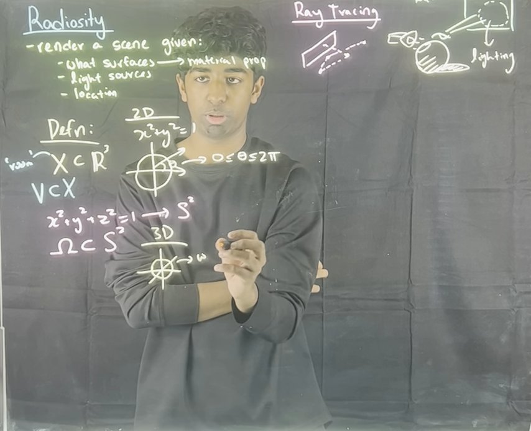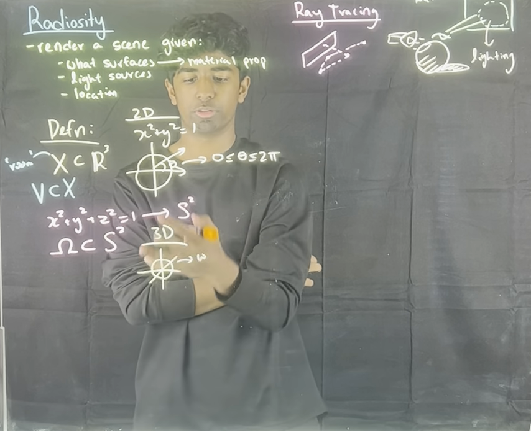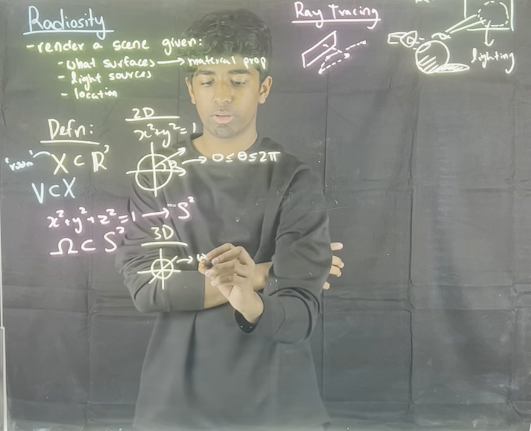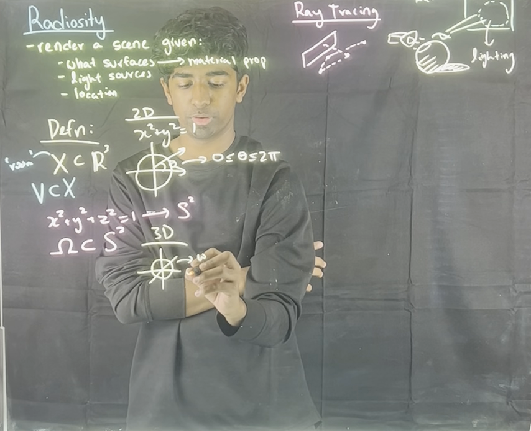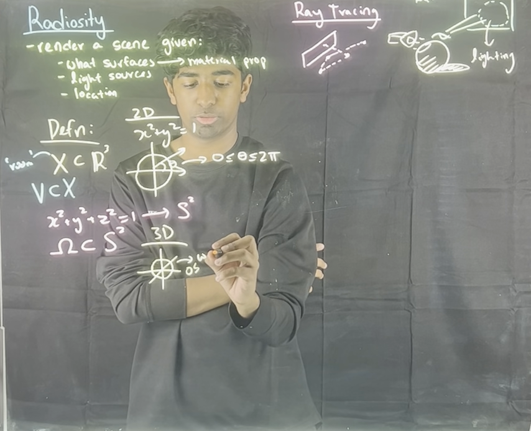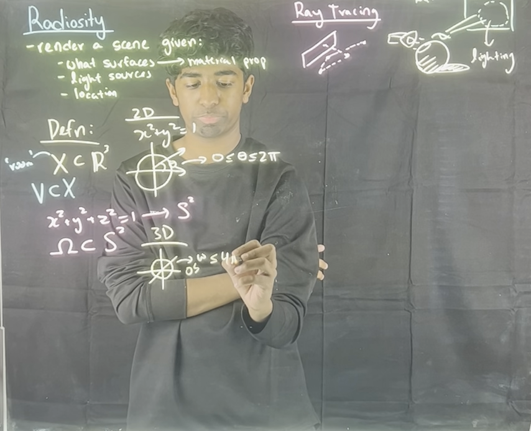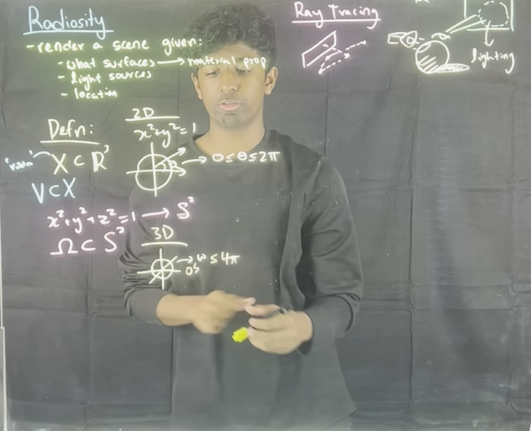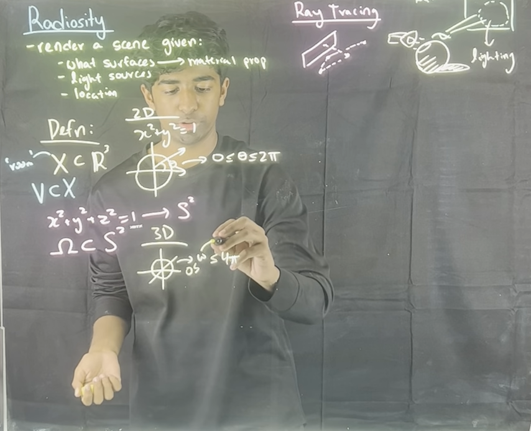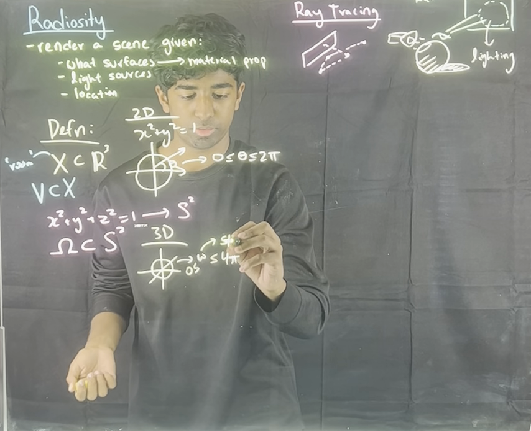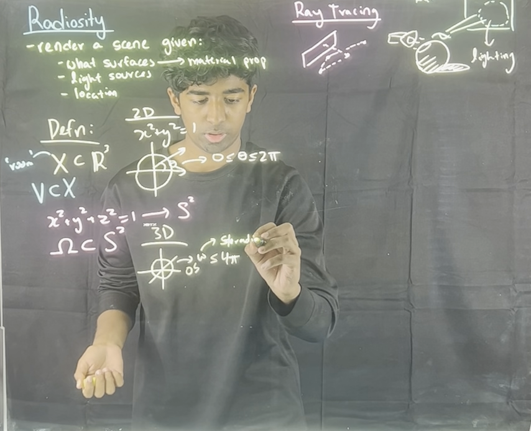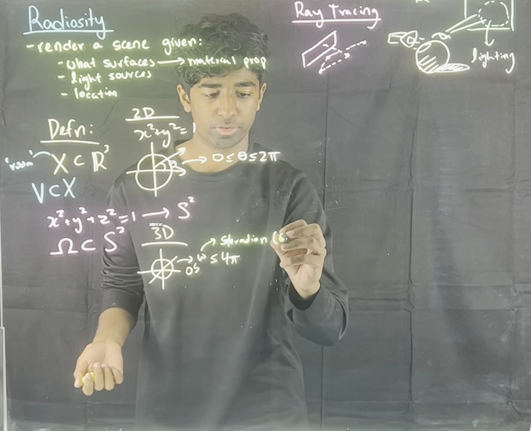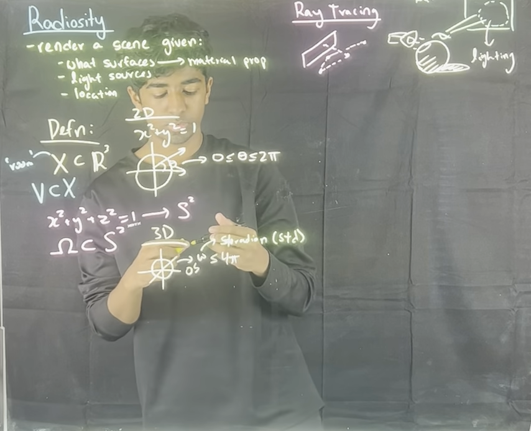So let's call it 0 to 4 pi, because the surface area of a unit sphere is 4 pi. So omega is from 0 to 4 pi. Okay, cool. The common notation for this measure of omega is a steradian, and I will be abbreviating it as STD.